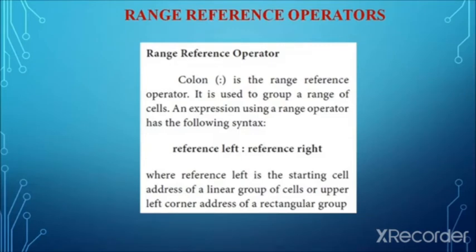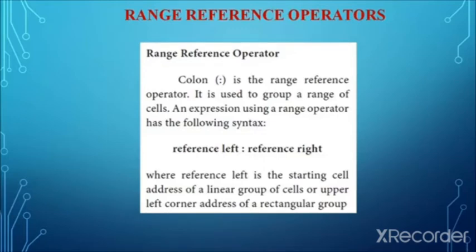The range reference operator is used with the help of the colon symbol. Here a group of cells is identified with the help of the colon symbol. You see the syntax here: reference left colon reference right. Reference left means the starting cell address, for example A1.